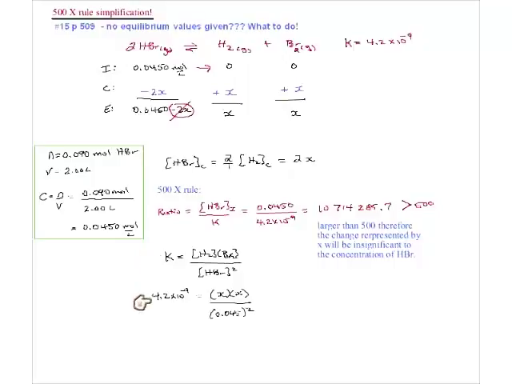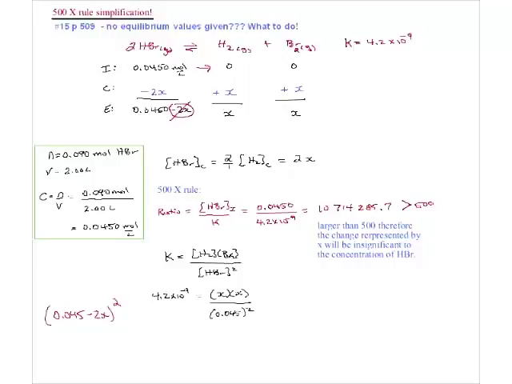The value of K was given. It's 4.2 times 10 to the 9. This guy is X, and this guy is X. We don't know what they are at equilibrium. And look what we've done to our simplifying assumption down here. We've got rid of the minus 2x. Had we kept the minus 2x in down there, it would have ended up being 0.045 minus 2x squared, which would have been a quadratic equation.